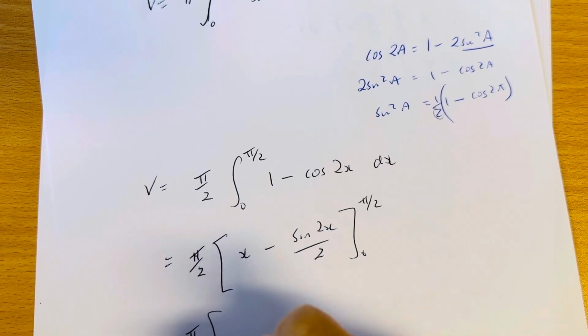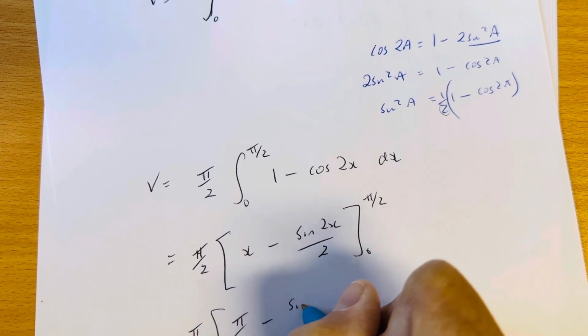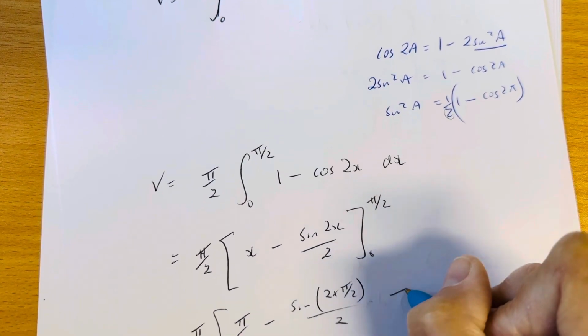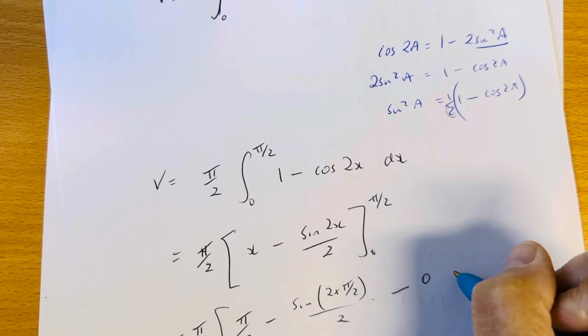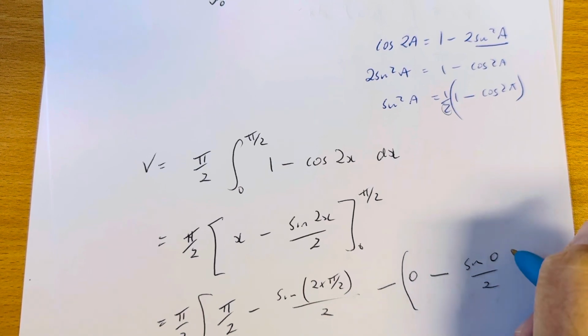Pi on 2, so that's pi on 2 take sine 2 times pi on 2, take 0, take sine 0 on 2.